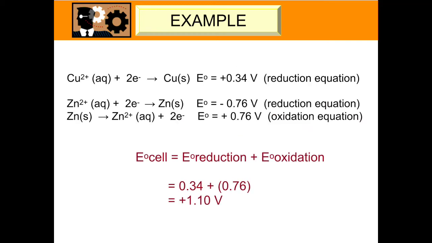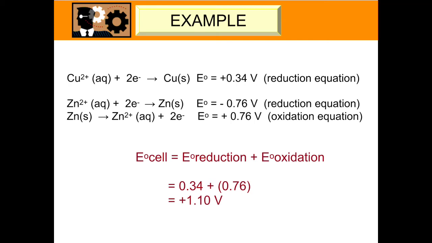Or we can change the equation at the anode into an oxidation equation, which is zinc solid producing Zn2+ plus 2 electrons, where the sign of E0 will change into positive 0.76 volt.